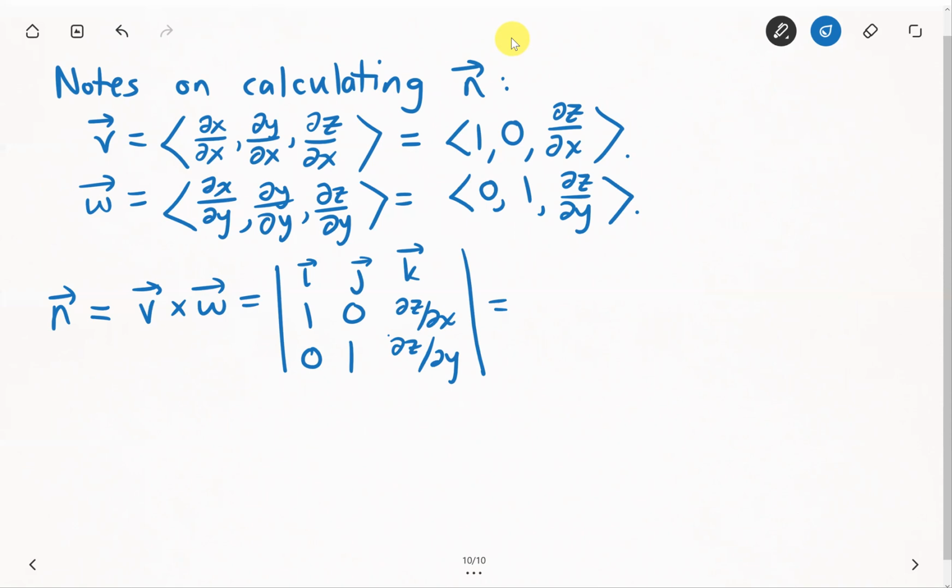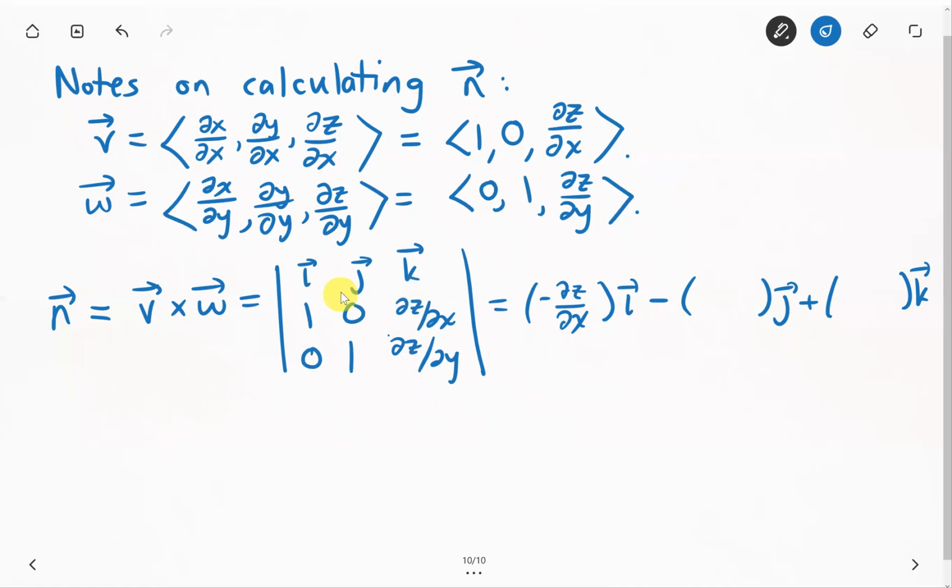And so what are we going to get here? It's something times i minus something times j plus something times k. And the coefficient of i is going to be, let's take a look at this, ignore the column of i. We've got 0 times dz/dy minus 1 times dz/dx, or minus dz/dx.